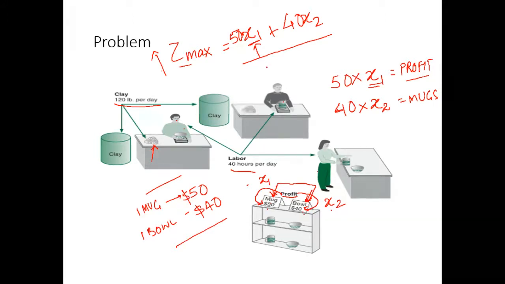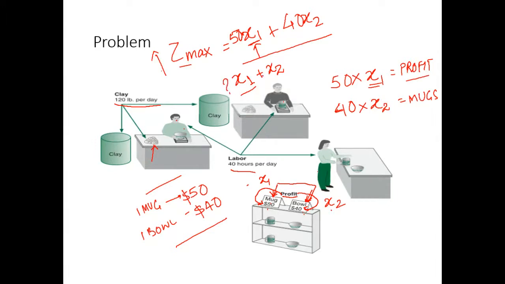How? Two constraints are there. One is regarding the mug and the other is regarding the bowl. So let's see, X1 is the number of mugs and X2 is the number of bowls. The problem is, how much clay is required for making X1?